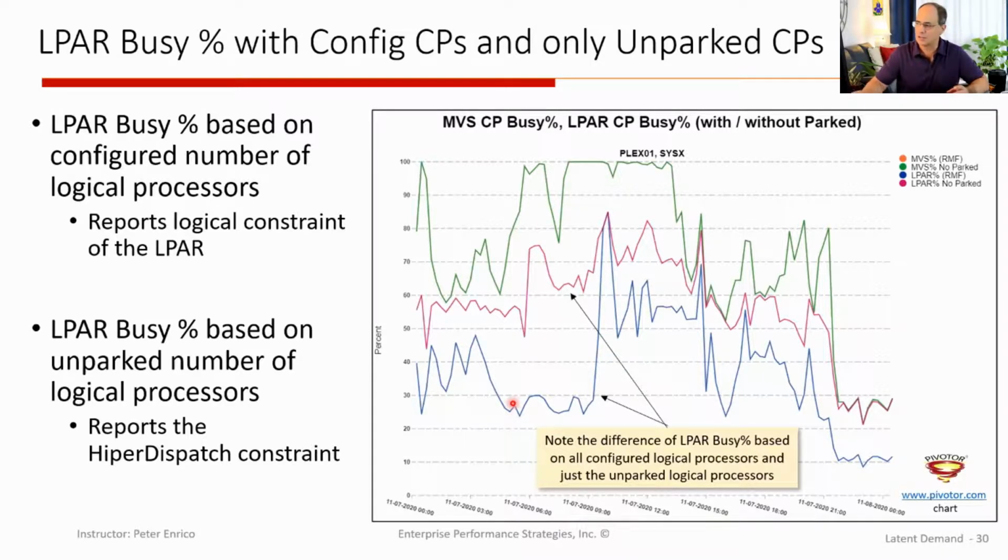The only reason I mention this is because there are two different ways of looking at latent demand. Do I base it on configured logical processors or just configured unparked logical processors? It only matters if you have an LPAR where you have low pool processors and sometimes they're parked and sometimes they're not. You want to keep that in your mind when you're evaluating your latent demand, which of these different utilizations you might want to use.